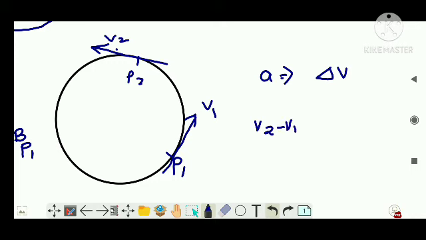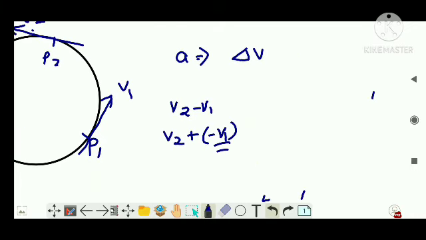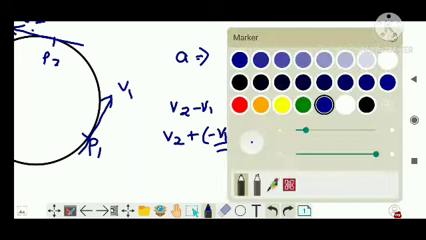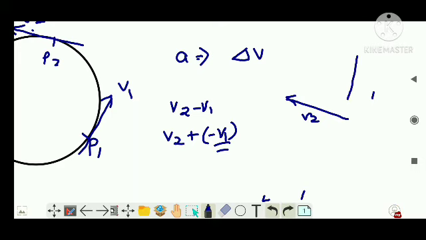V2 minus V1, that is, V2 plus minus V1. Do it figurally. So V2 is in this direction, I will take it like this, V2. Then I have to reverse V1, so reverse V1 means this will be the direction. So this becomes minus V1.